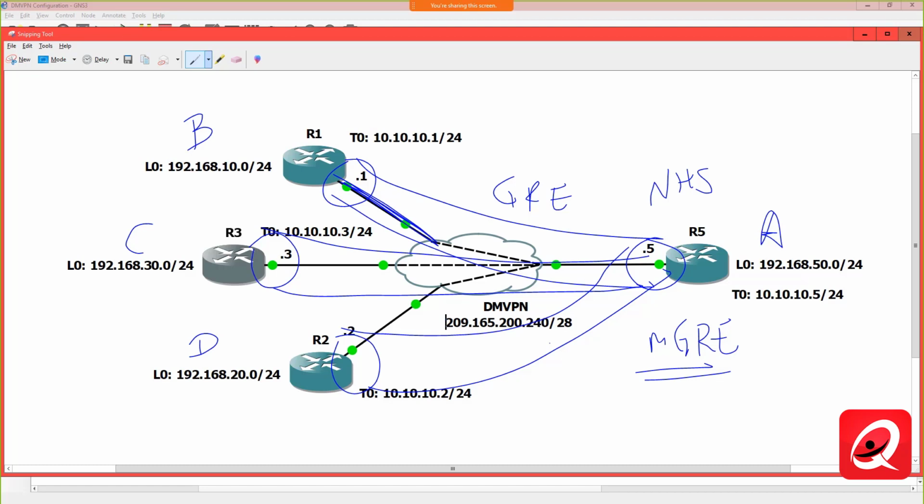Then this cloud could be IPv4 or IPv6. And then on top of that, we run our overlay protocol, which could be, in this case, EIGRP as our overlay protocol.